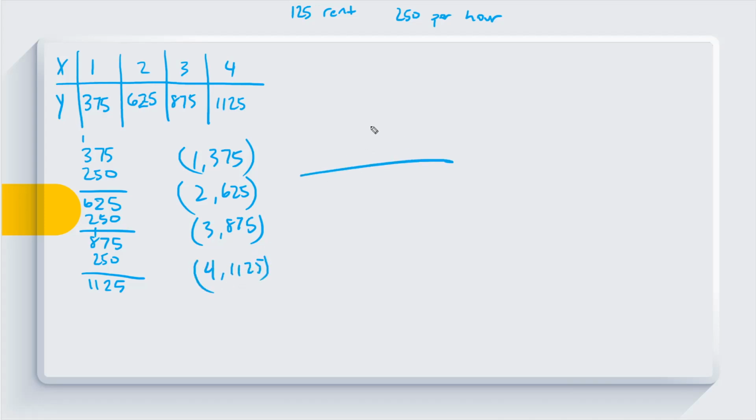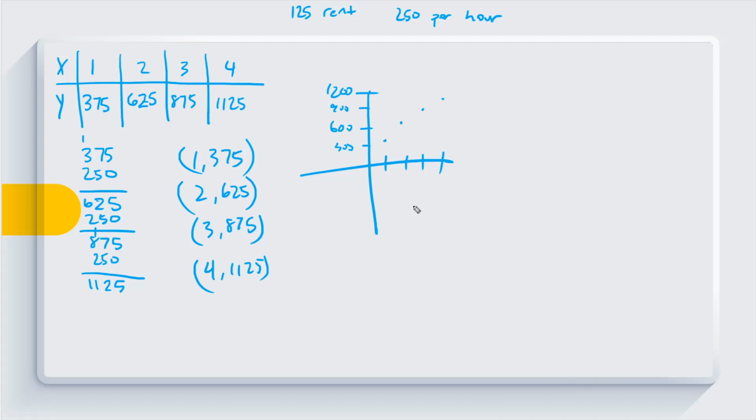And then if we were to graph these, 1, 2, 3, 4, and then let's just put this up to 1200. So that would be 600, 300, 900, and we'll just leave it there. So 1 and 375 might be about there, 2 and 625, 3 and 875, 4 and 1125.